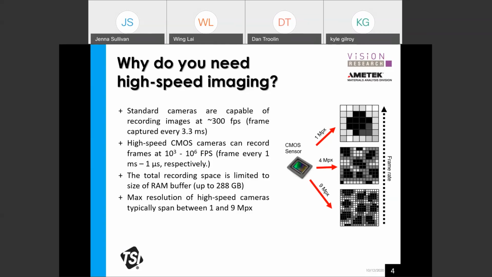And then there are some cameras that go all the way up to 9 megapixels. And usually as you go up in your resolution, you go down in your frame rate. So typically what you have to do is, based on your experimental parameters, you have to pick what spatial resolution and temporal resolution will fit your application.